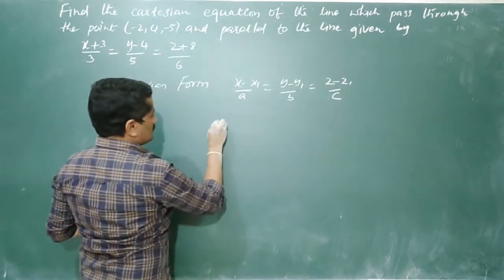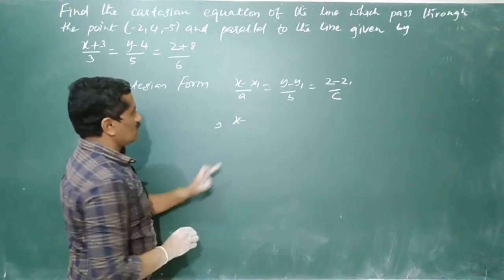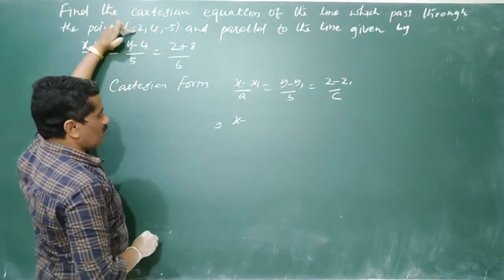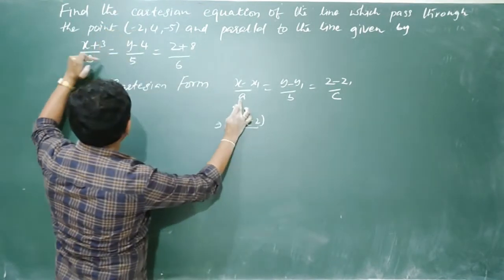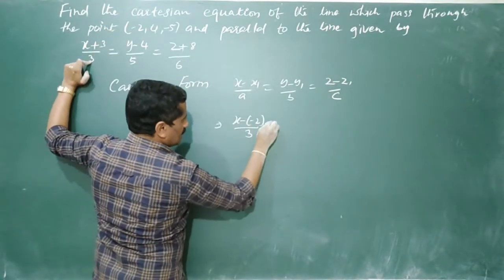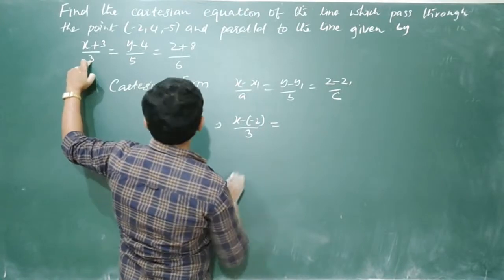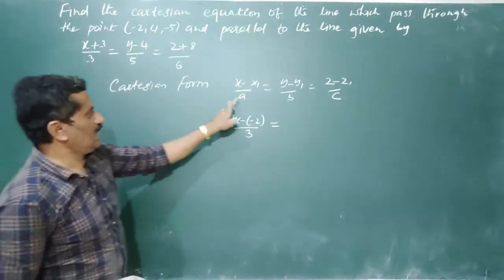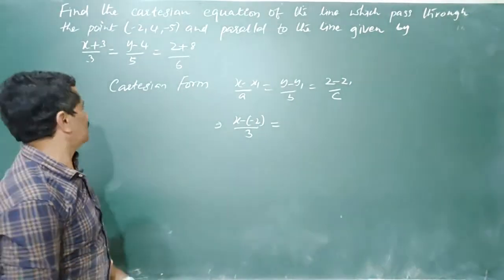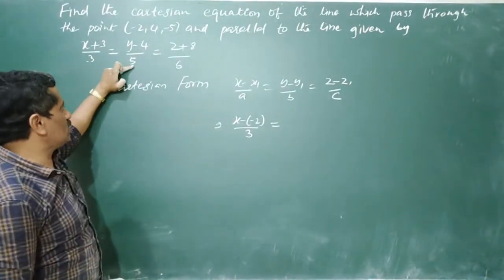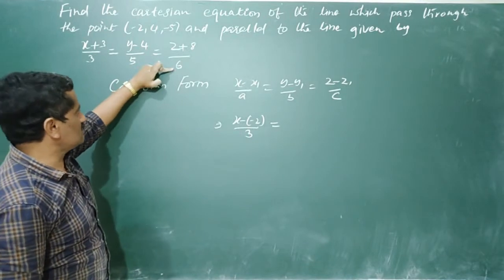That implies x minus x1. Here what is the value of x1? We have minus 2 by a value we have 3. See, we know that a, b, c are the direction ratios of the parallel vector.